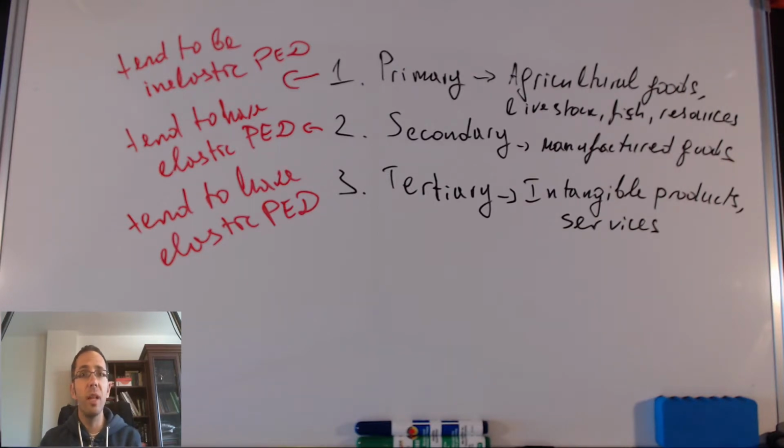When you decide to fly from point A to point B, you can do that with a number of different airlines, but at the end of the day, you're still flying from point A to point B. So because of that high level of competitiveness, tertiary products tend to have elastic price elasticity of demand.